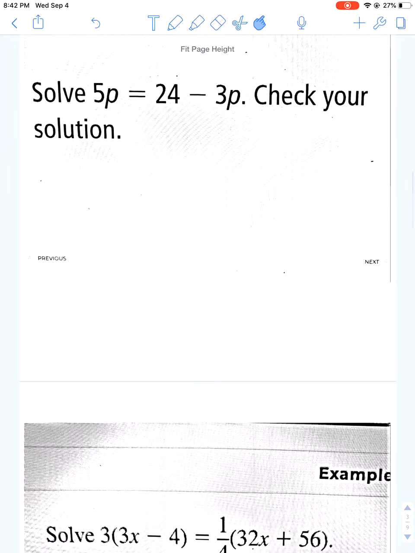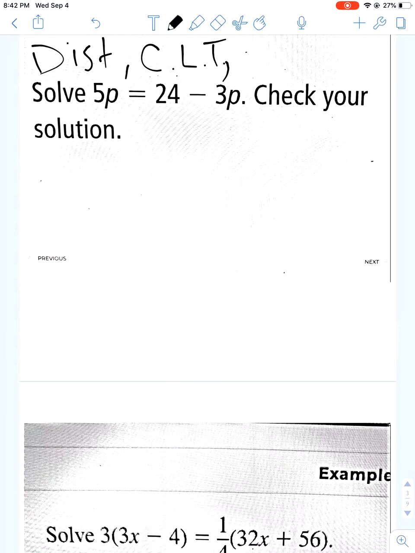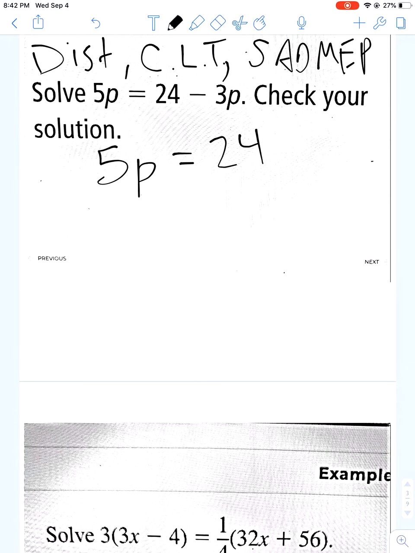Well, let's look at this one. Remember, distribute, combine like terms, SADMAP. So I've got 5p equals 24 minus 3p. Now I want to get the p's on the same side.